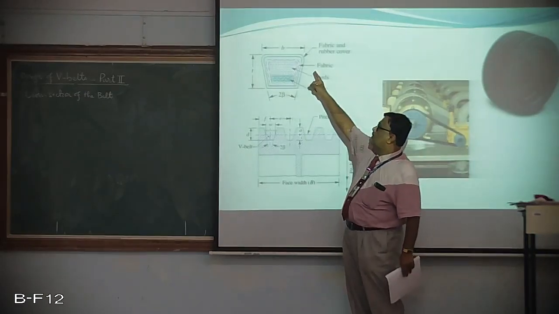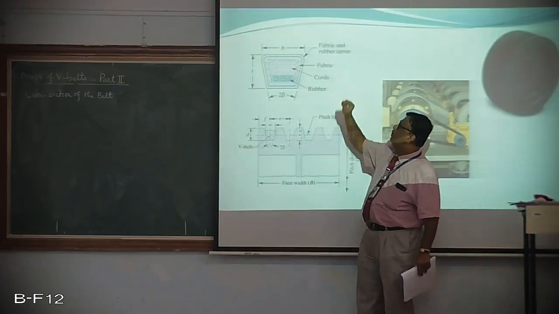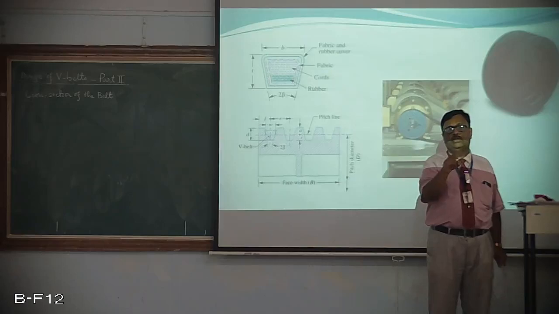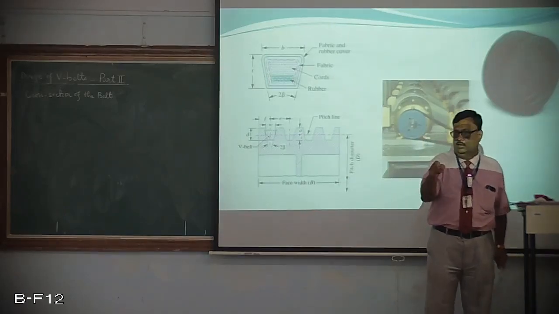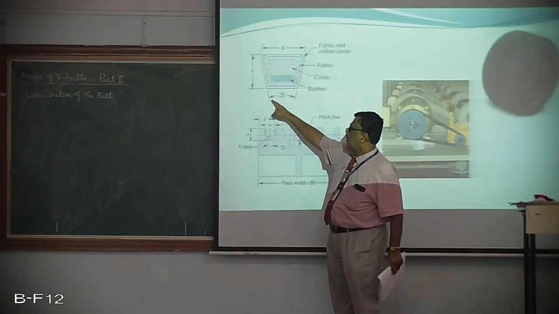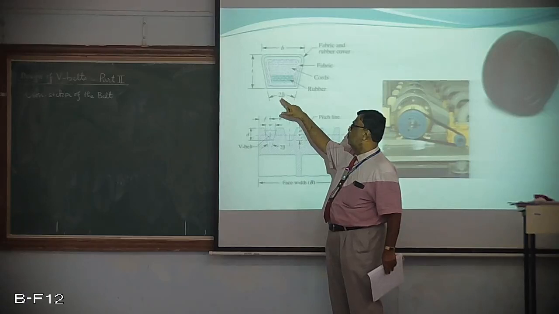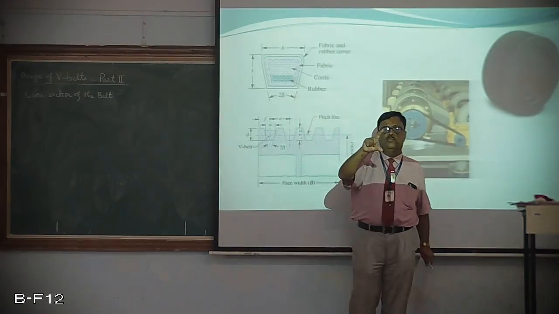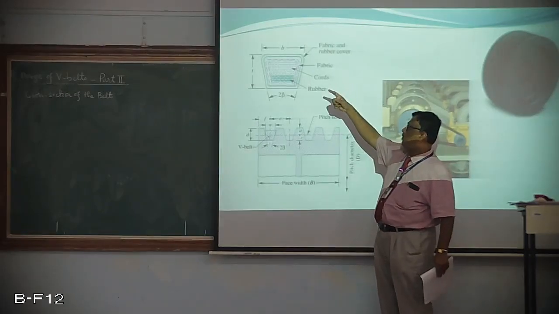The outermost cover is made up of fabric and rubber. The belt cross section is trapezoidal in nature and there is always an included angle, called the included angle 2 beta or 2 alpha. In some books it is 2 alpha and in some books 2 beta. T is the nominal thickness of the belt cross section, and B is the width of the cross section.